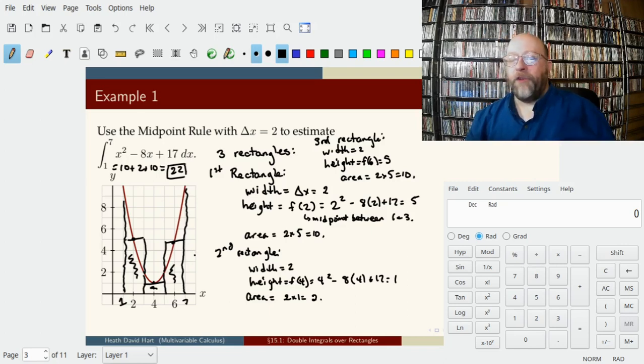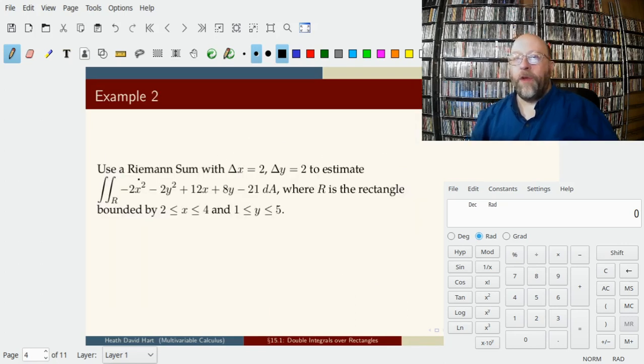So let's move on and try this in 3 dimensions. We're going to use a Riemann sum with delta x equals 2, delta y equals 2 to estimate this rectangle. And we're still going to go ahead and use the midpoint rule. I didn't specify that in the problem, but we're going to do this anyway.